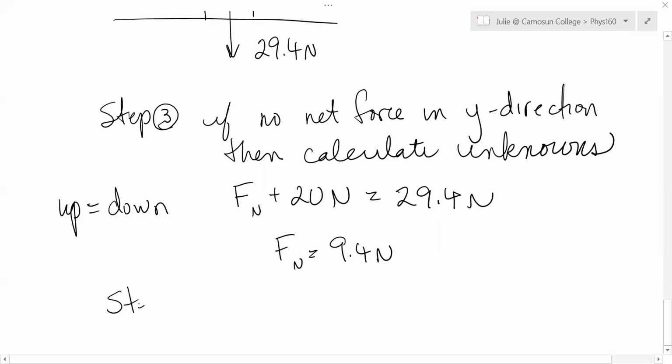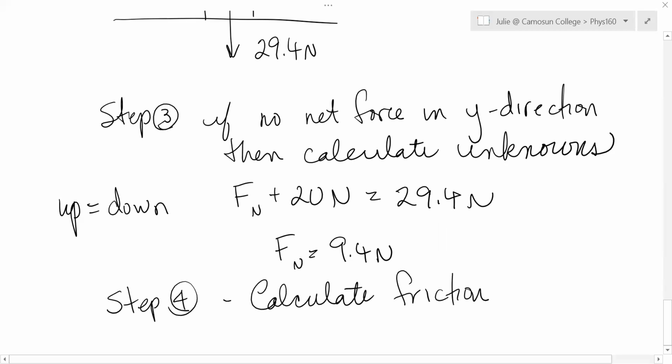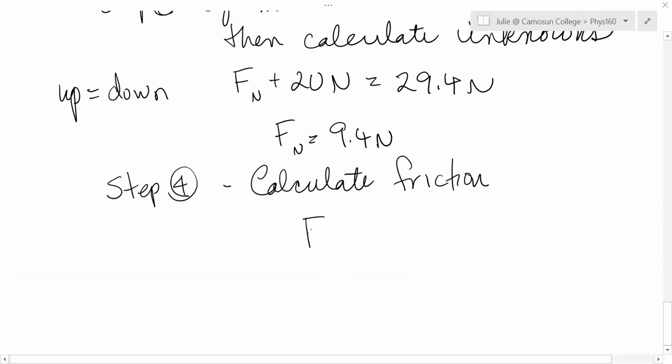Okay, so step 4 is to calculate friction. And we have a formula for friction. The force of friction is the coefficient times the normal. And you can see how if you didn't take off that component of the applied force in the y direction, you get a way bigger friction force.